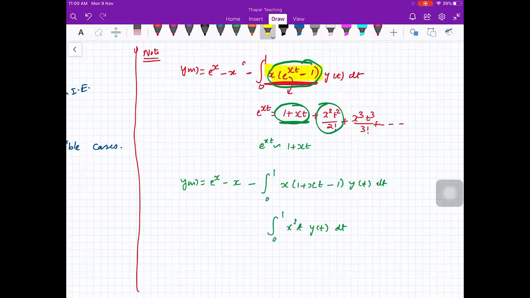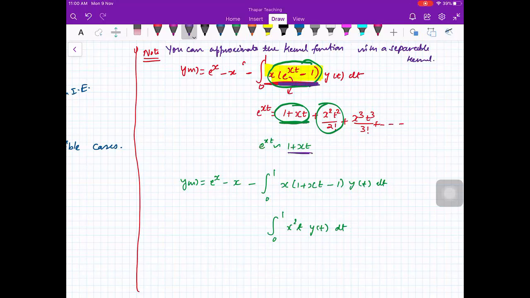But you know from here that sometimes you can approximate the kernel function with a separable kernel. So what you are doing here is replacing your original kernel with a new one which is separable. Got it?